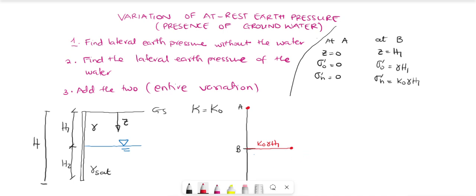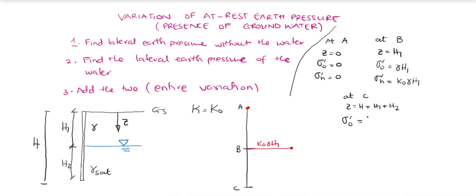Then we'll look at point C, where Z is equal to H, and H is equal to H1 plus H2. Now, we initially said that in this case, we would take the water out. So in taking the water out, the effective geostatic stress at that point is what is here plus the depth here.